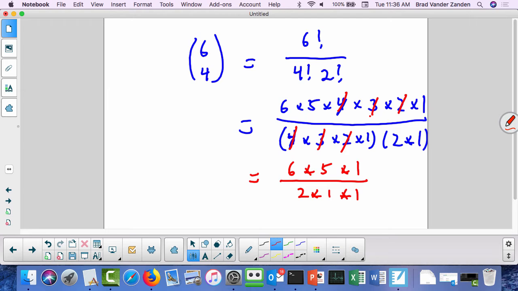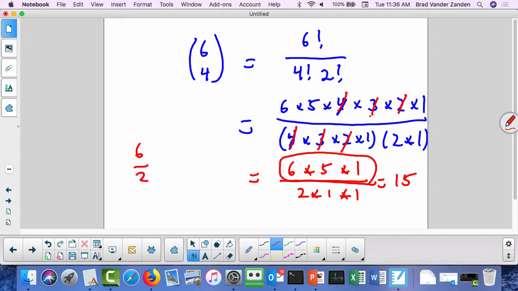Now I will warn you, even after you do cancellation, when you're dealing with big numbers, you still can't just multiply out the numerator. You will still get overflow. So when you're calculating your eventual products, you're probably going to have to calculate it as 6 divided by 2 times 5 divided by 1.